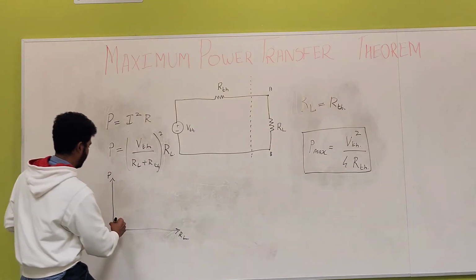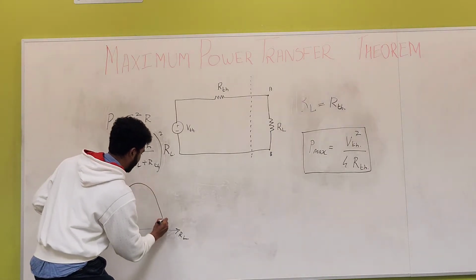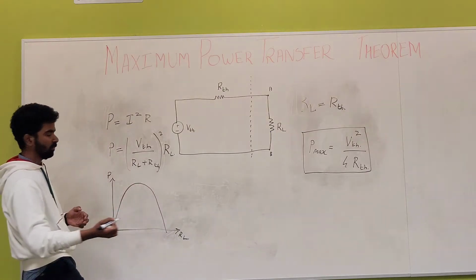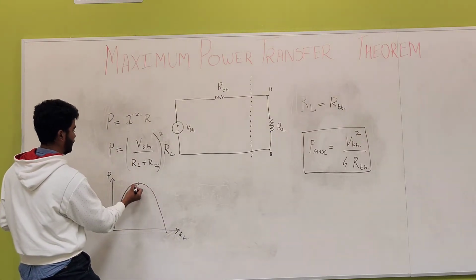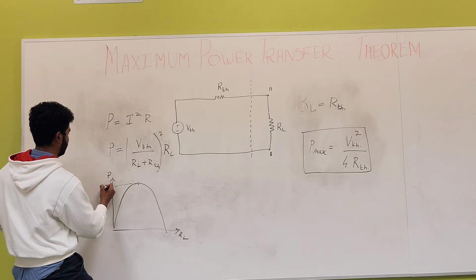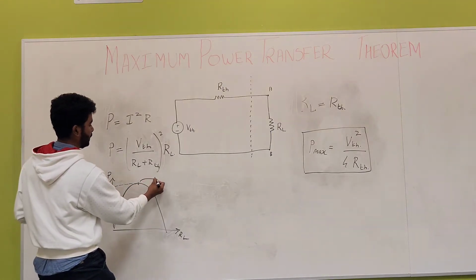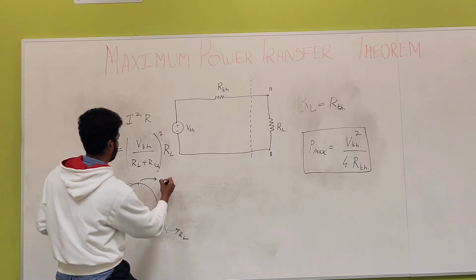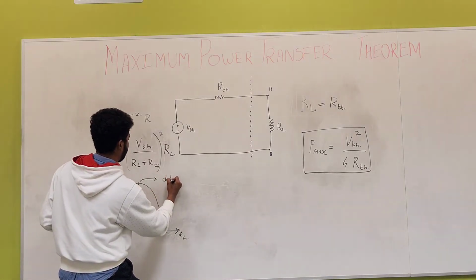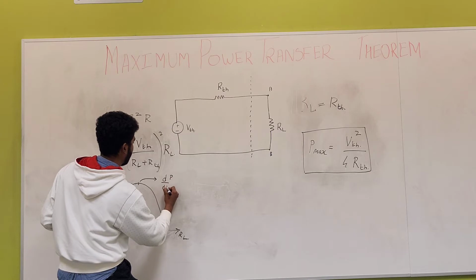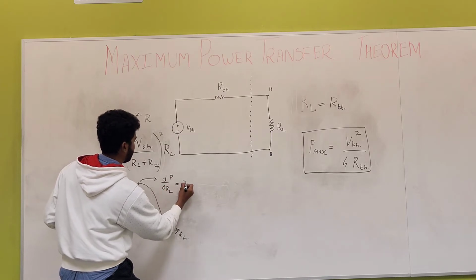The maximum is the point where the differentiation is equal to 0, that is dP upon dRL is equal to 0.